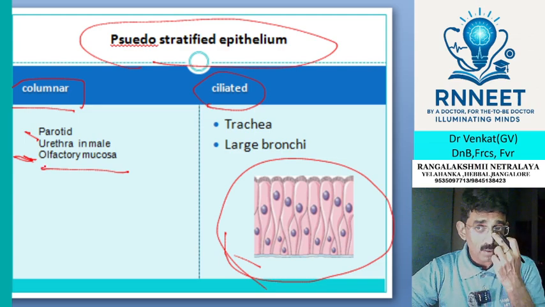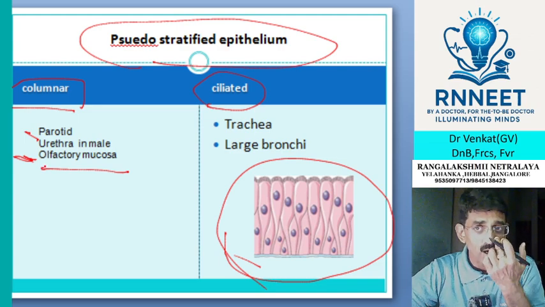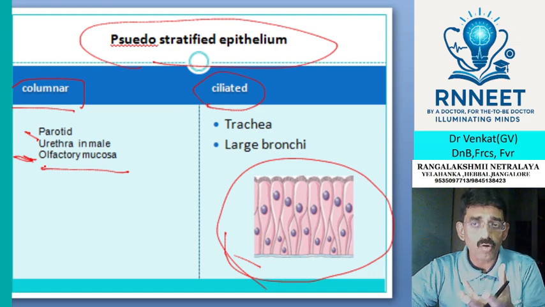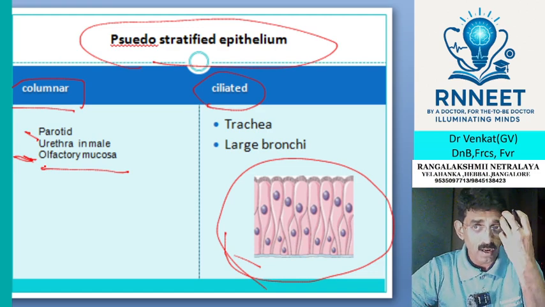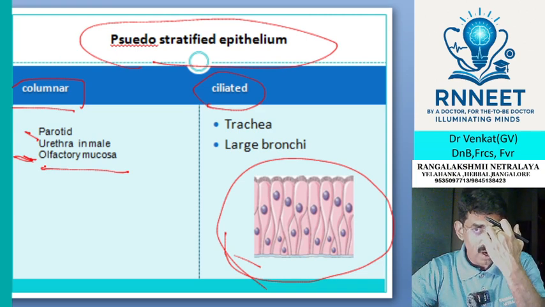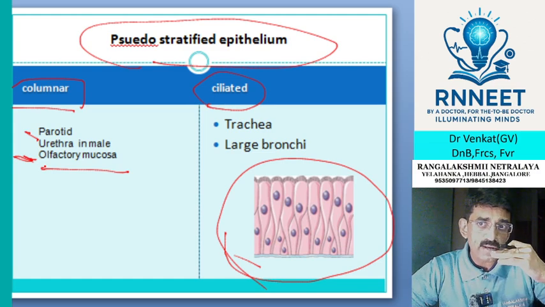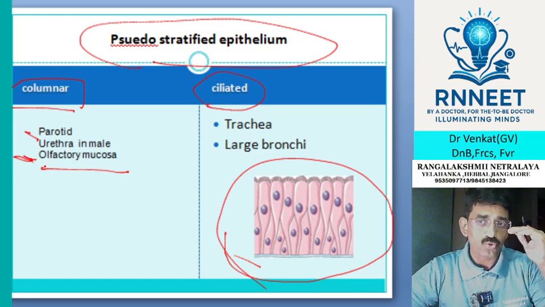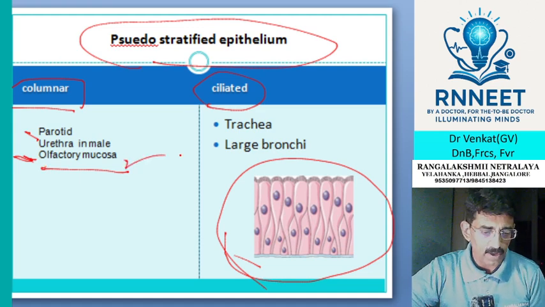Olfactory means the apparatus which takes your smell. When you breathe in through the nose, in the upper portion you have the mucosa which helps you detect smell. That particular mucosa is pseudostratified.